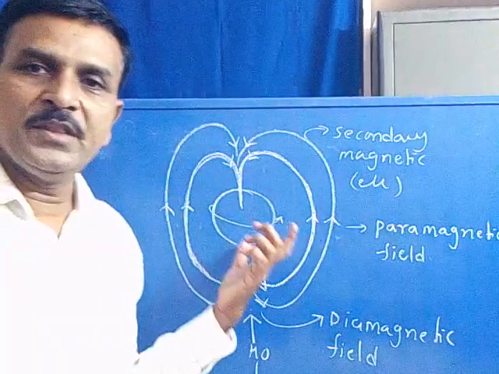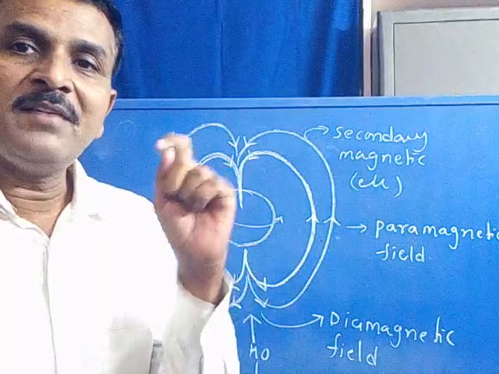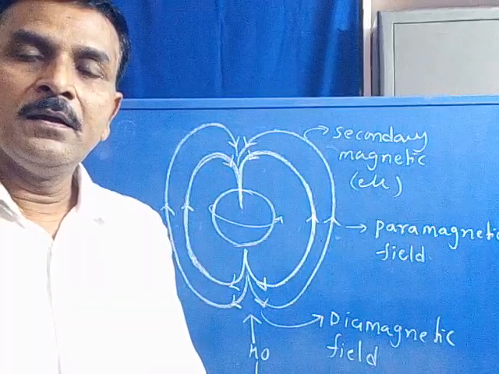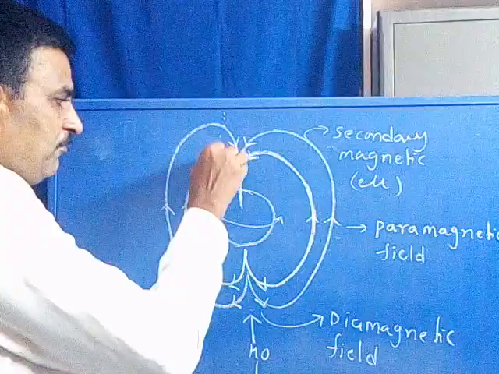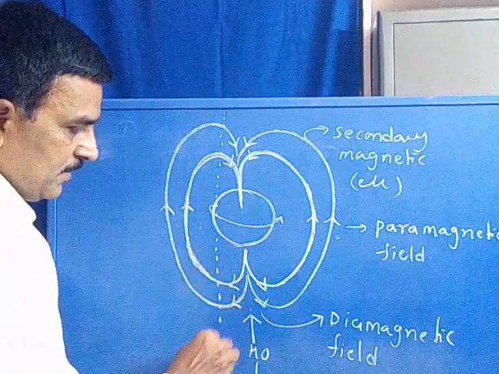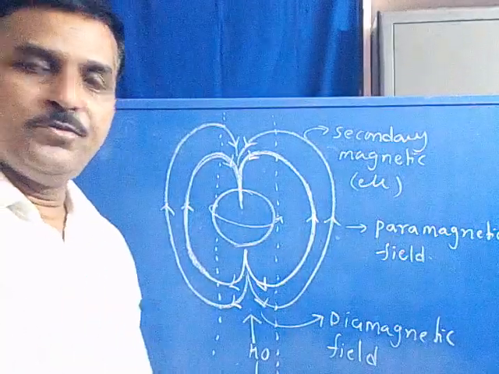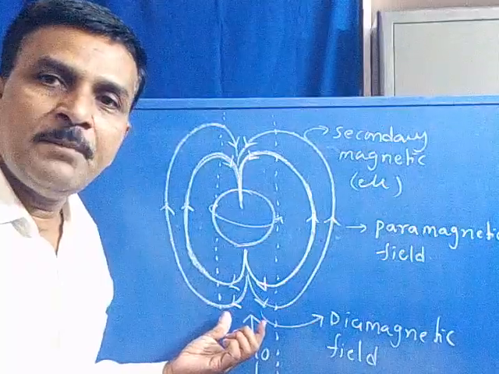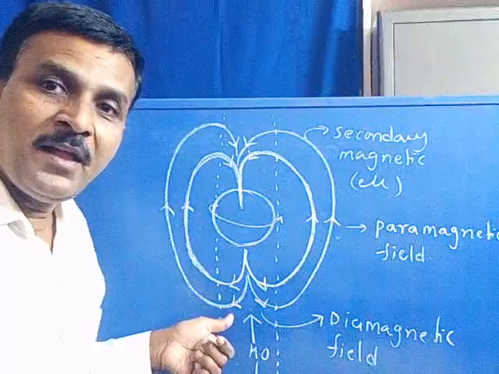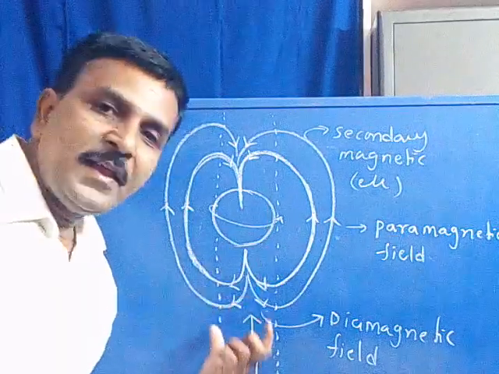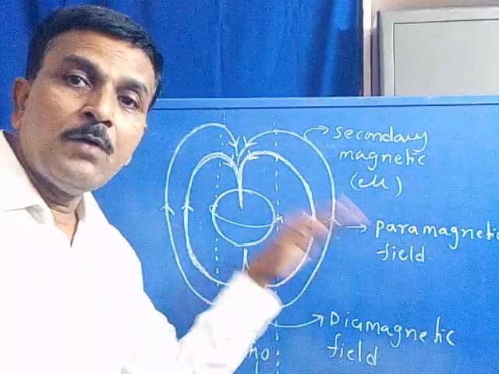Now you can observe in the diagram that the secondary magnetic field is exactly diamagnetic at the center of the spinning nucleus. If we take the center of the nucleus like this, you can observe the secondary magnetic field produced by the spinning nucleus is diamagnetic at exactly the center of the nucleus, and the secondary magnetic field is paramagnetic outside the nucleus.